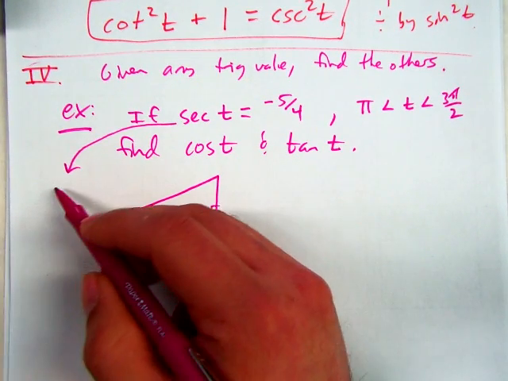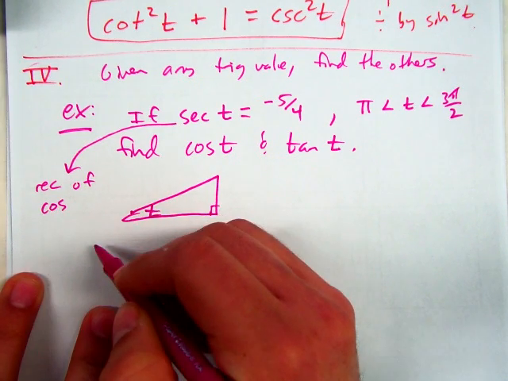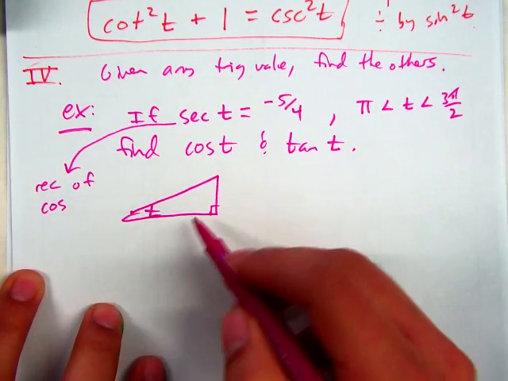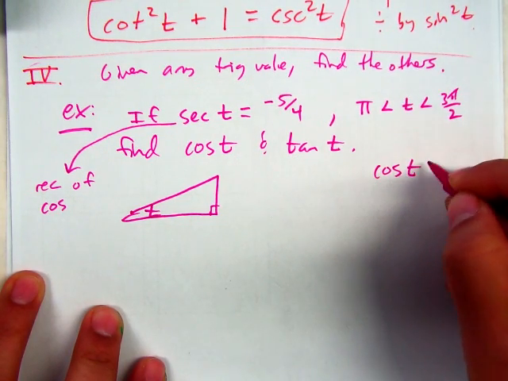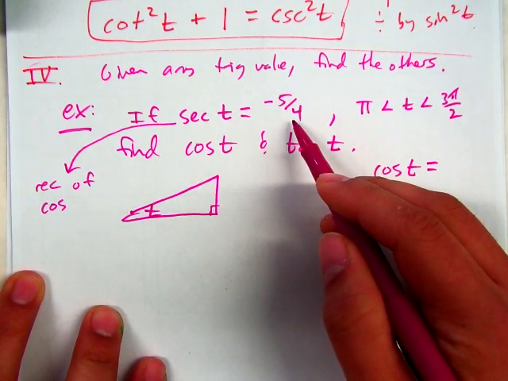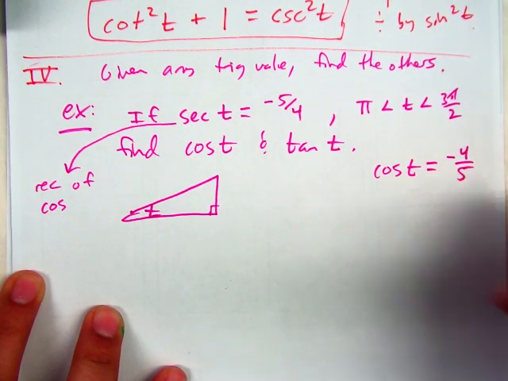Secant is the reciprocal of what? Cosine, right? So that means that the cosine, which they're asking us for, should be just the reciprocal of that, right? So negative 4/5.